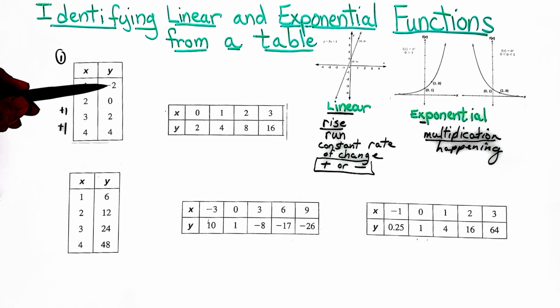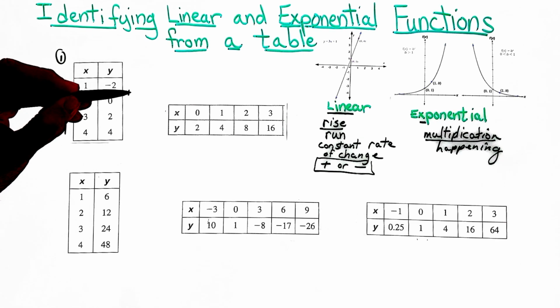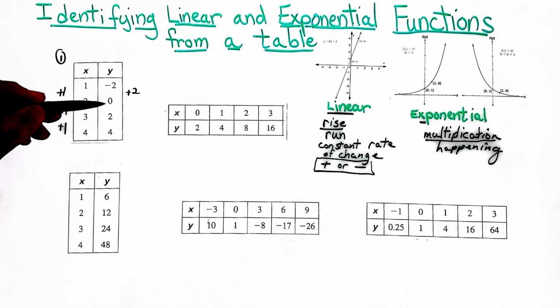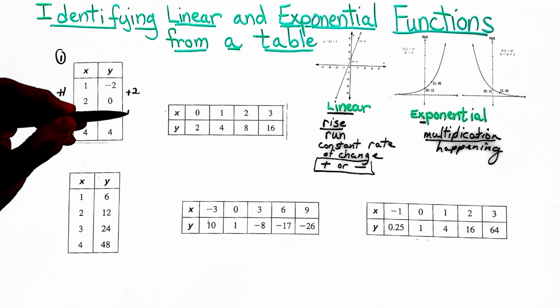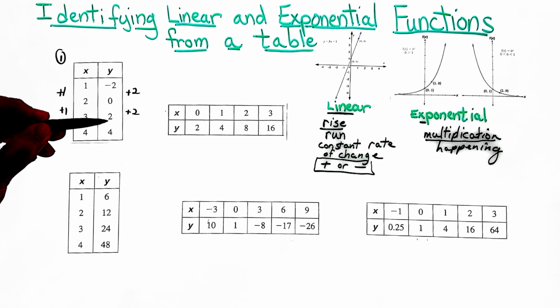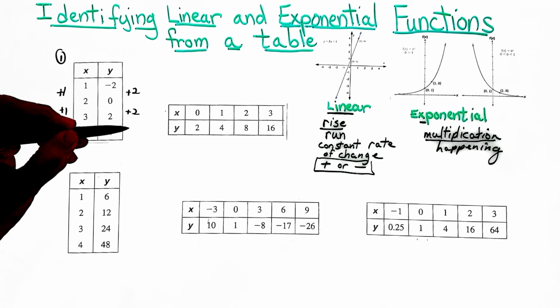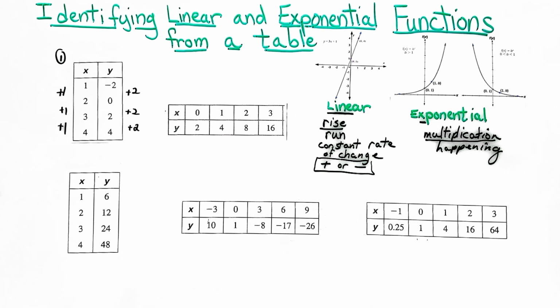So it goes from a -2 to a 0 to a 2 to a 4. Well, -2 to 0, I know I'm adding 2. From 0 to 2, I'm adding 2. And from 2 to 4, I am adding 2. So I see I have a constant rate of change for my x and for my y. And if I was interested in the slope, it would be a 2 over 1.